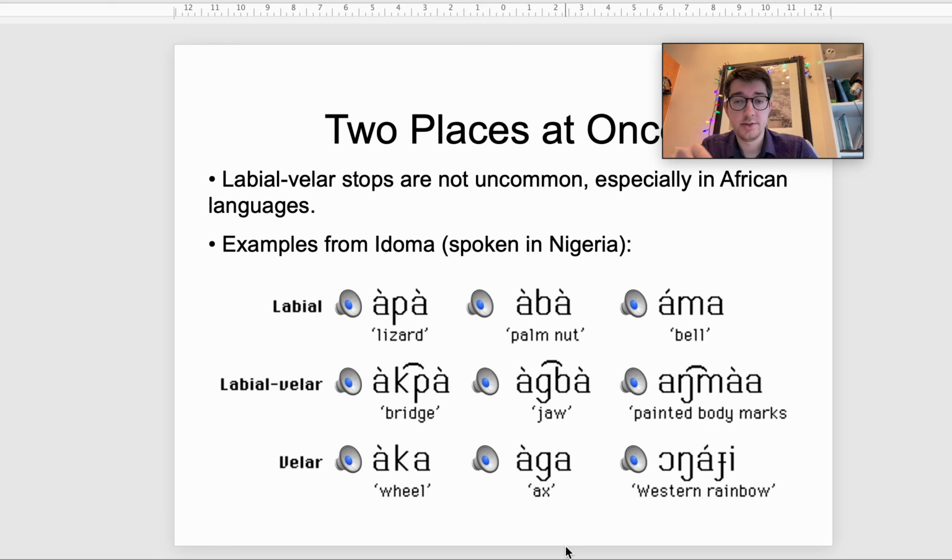That's why we use a tie bar to connect them. So remember, when you try to produce them, it's not agba, it's angma, agba. Just try to produce these two as fast as you can and as simultaneously as possible.